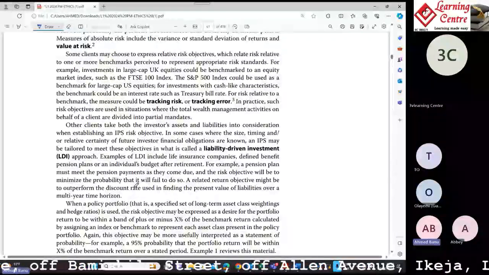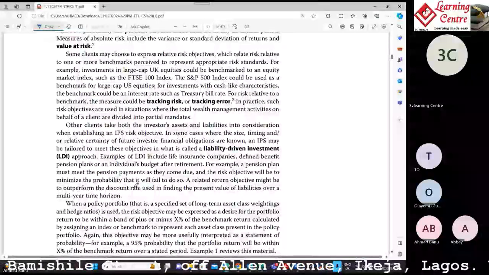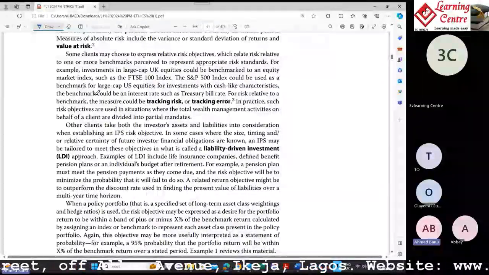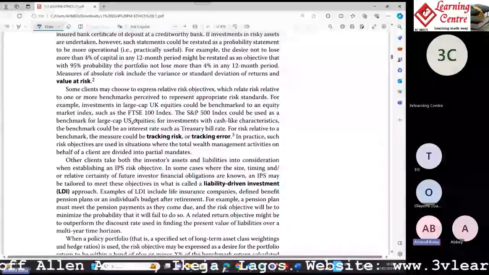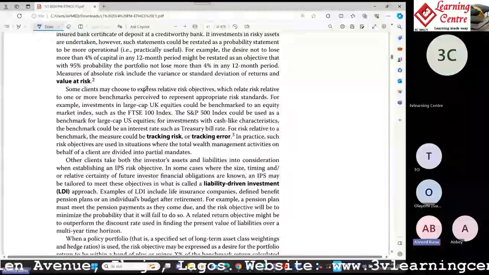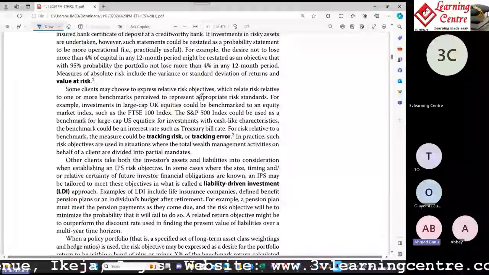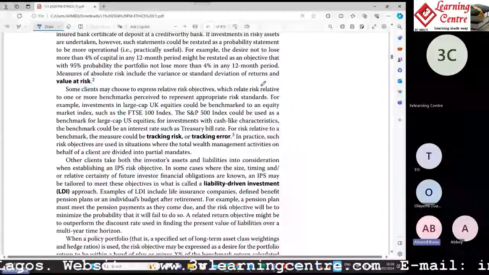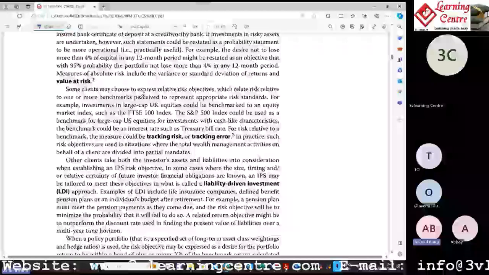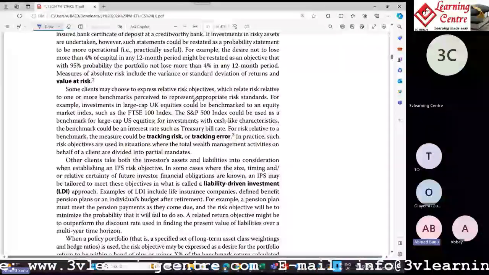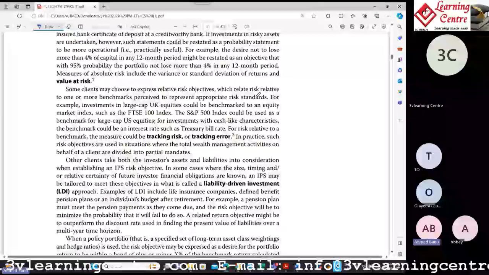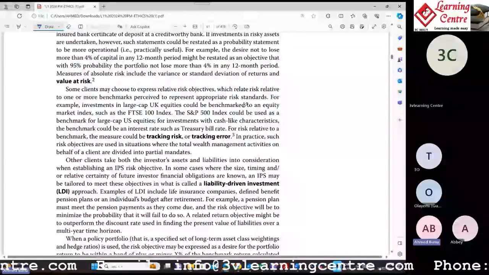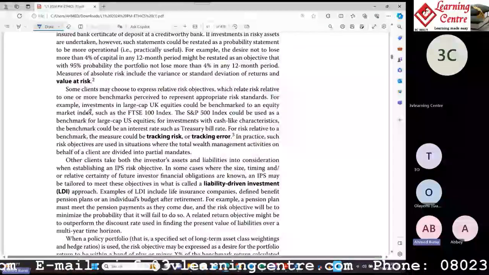So some clients may choose a relative risk objective, which relates risk relative to one or more benchmarks perceived to represent appropriate risk standards. For example, investment in large cap UK equities could be benchmarked to an equity market index. We just talked about market index now.